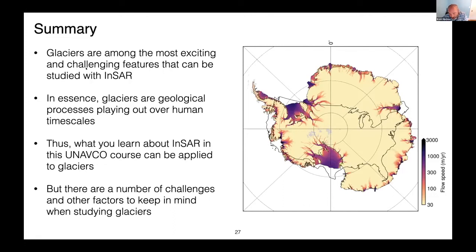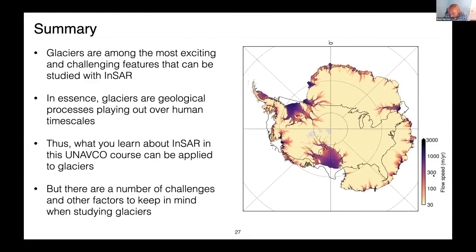In essence, glaciers are geological processes that are playing out over human timescales. And so what you're learning in InSAR within this UNAVCO course can simply be applied to glaciers, so long as you keep in mind a number of unique factors of observing glaciers, some interesting challenges and opportunities with using InSAR and SAR observations in general when studying glaciers.